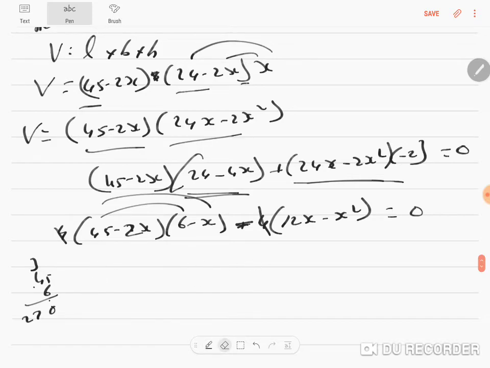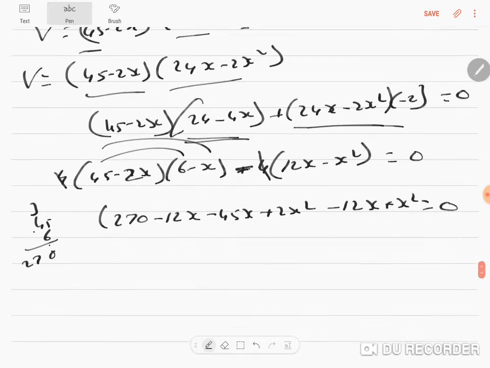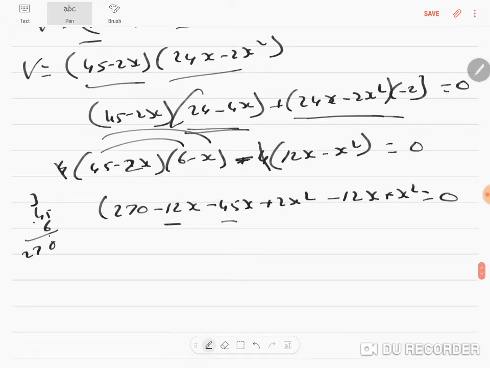Okay, now taking it in and multiplying, 270 minus 12x minus 45x plus 2x square minus 12x plus x square is equal to 0. So on solving the like terms, minus 12x minus 24, that means 69x.